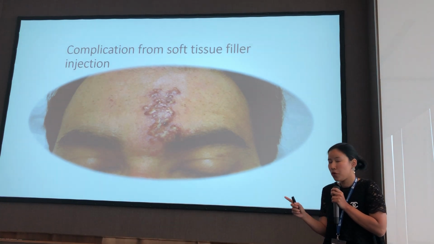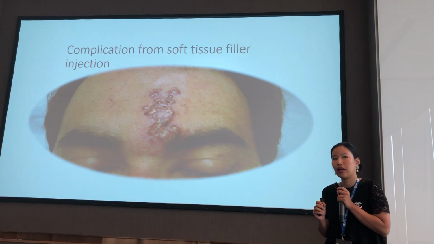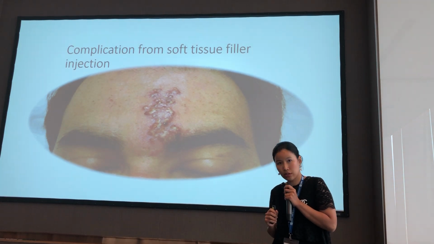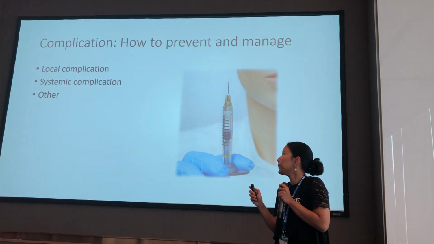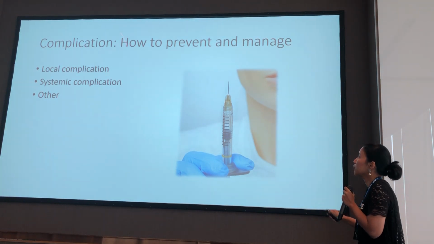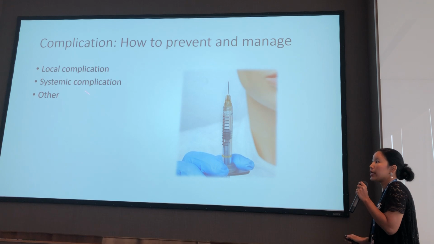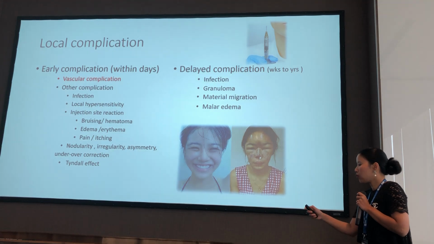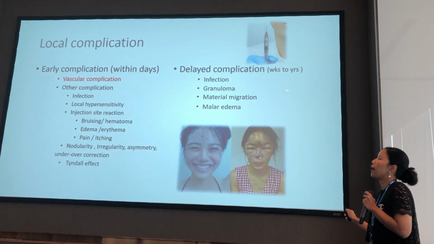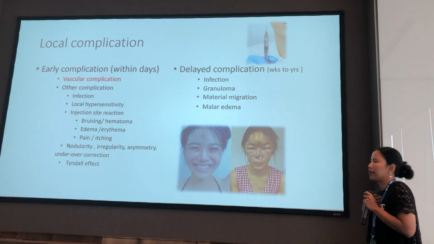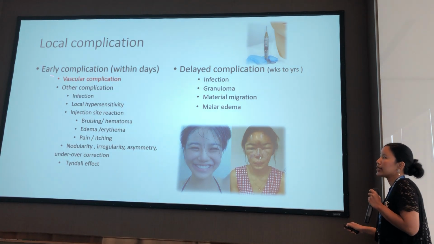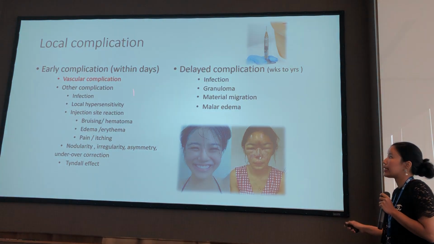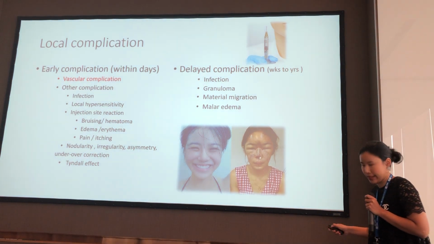Okay? So what we are concerned about a lot when we do injectable procedures is the vascular complication. Normally, we divide complications into local, systemic, and other complications. For the local complication, this is my preferred categorization, because I divide into early complication and delayed complication. It is very easy for detection, differential diagnosis, and management.